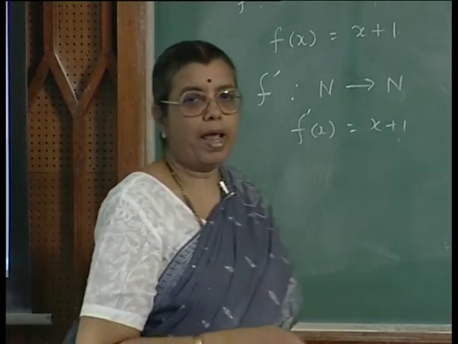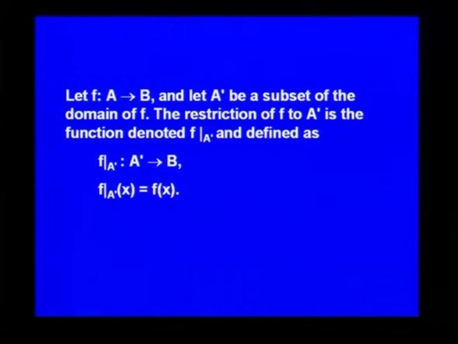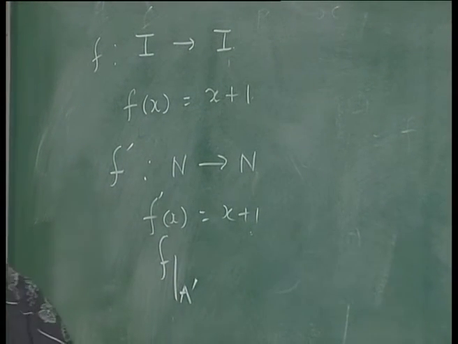So, let A and B be 2 sets and f is a function from A to B, and let A dash be a subset of the domain of f. A dash is a subset of A. The restriction of f to A dash is a function denoted by f restricted to A dash, like this.